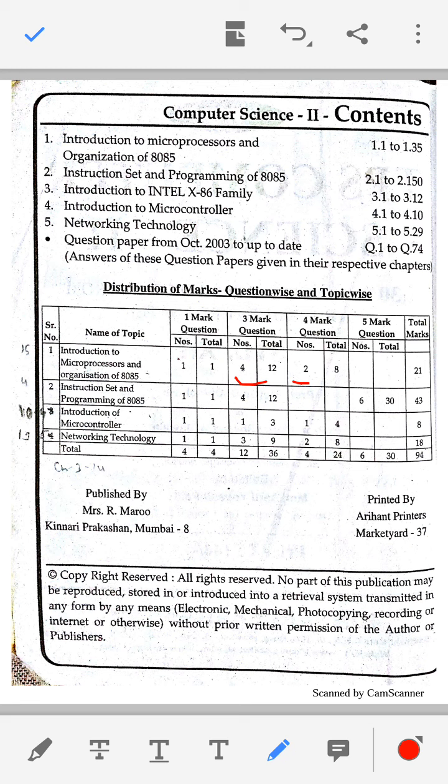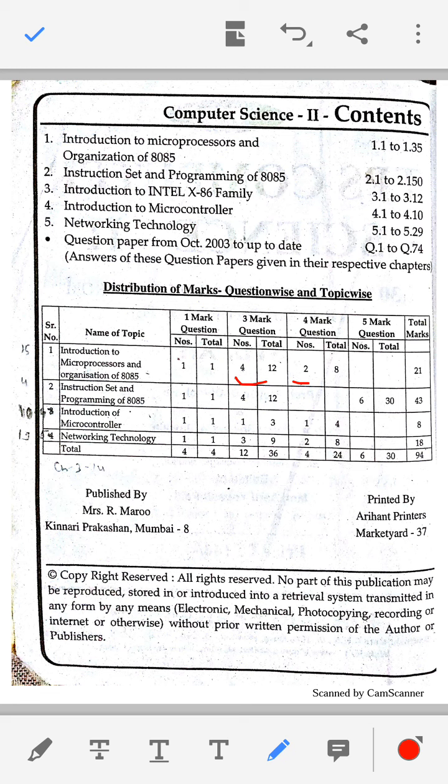Likewise, if you go on till question number 5, it will be divided into 2 subparts. First part will consist of 3 questions and second part will consist of 3 questions. Out of these 2 parts you have to attempt only one, and in that also you are given choice to attempt only 2 out of 3.